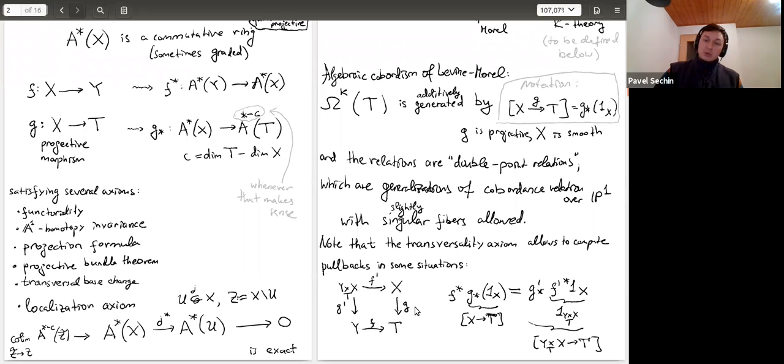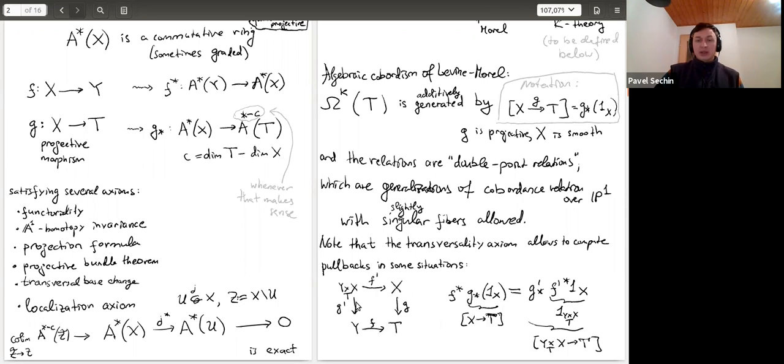And if we just look at the identity element, the push forward of the identity element of X here is this generator X to T from the algebraic cobordism group of T. And we would like to know what its pullback to Y is.